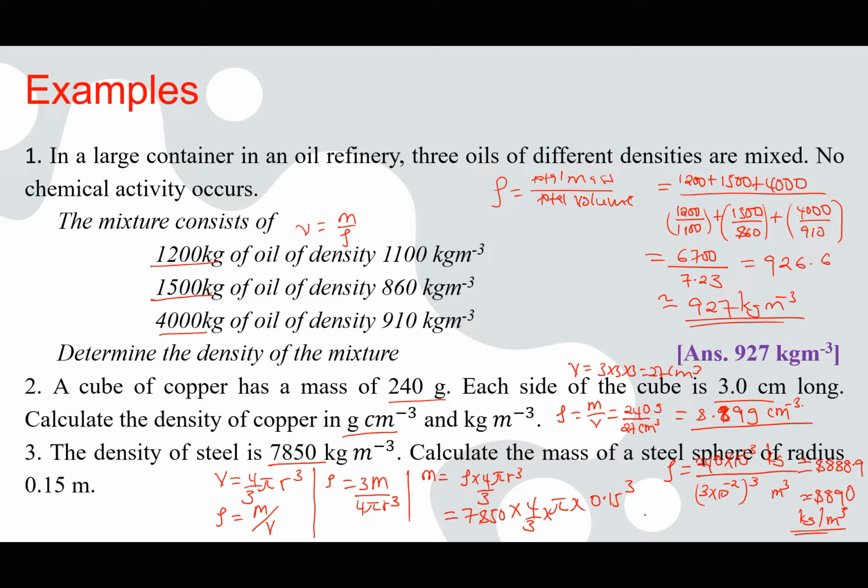So I'm getting the mass as 110.9, or approximately 111 kilograms. So this is 111 kilograms. Oh, it is 110. Okay, so you can also try to verify that, but that's what I'm getting as the mass in that case.